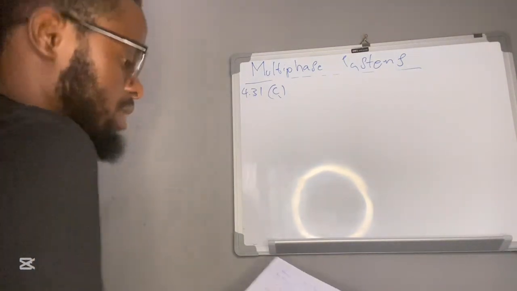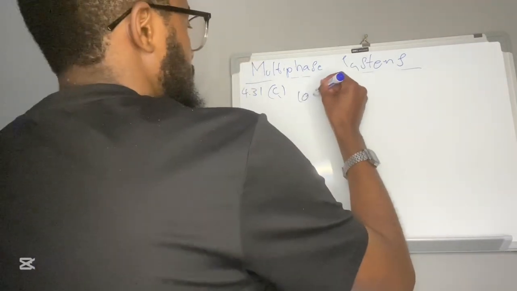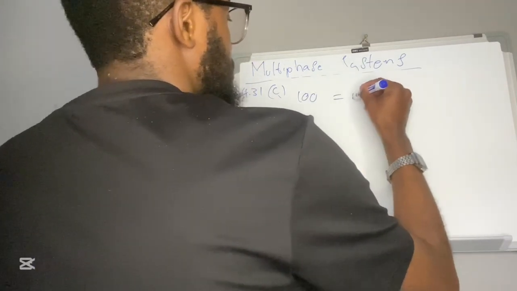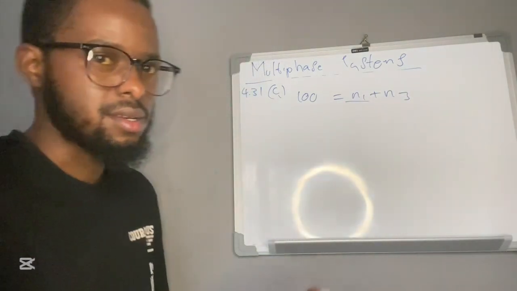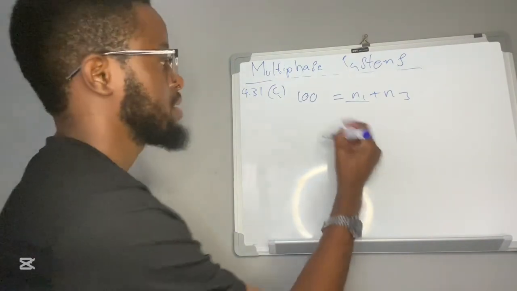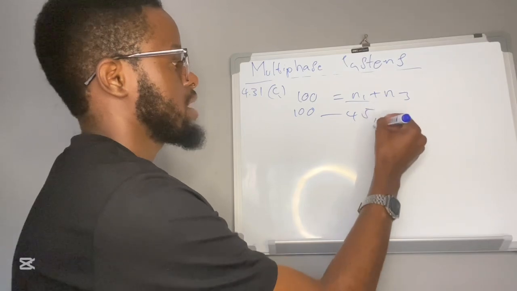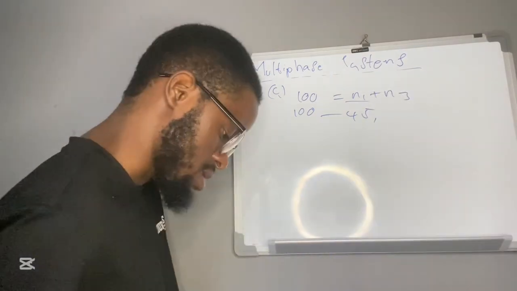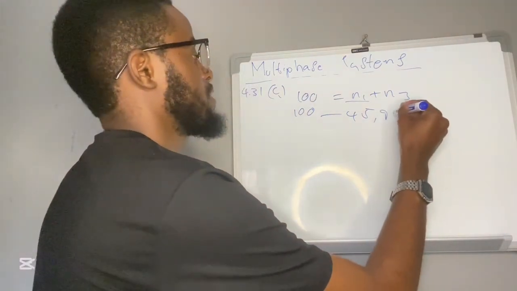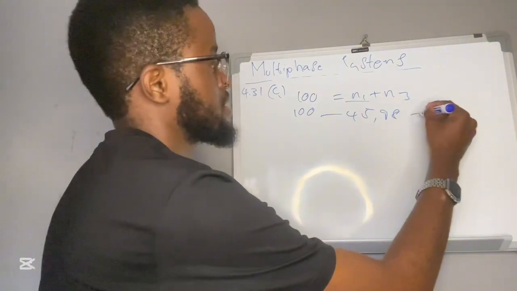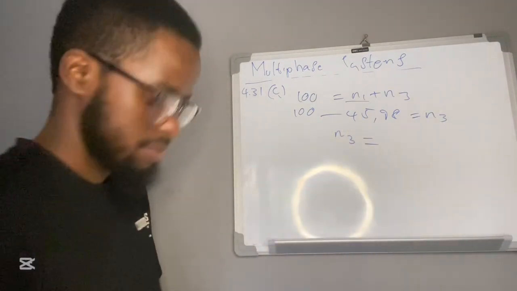What's the second thing that we wanted to do? We said 100 mole equals N1 plus N3. We already have N1 now, so this is 100 minus 45.98 equals N3.